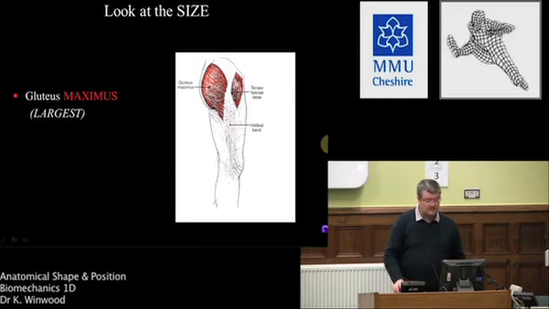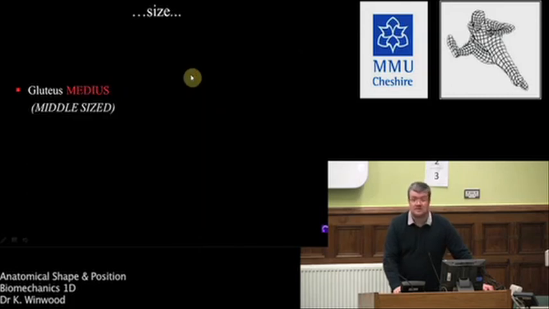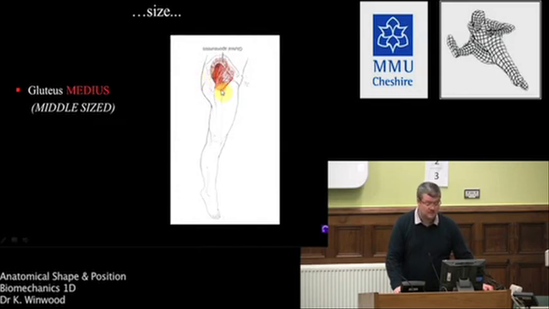Now if we look at the section of the gluteus maximus, we can see that it originates round by the femoral section, round to the iliac crest of the pelvis and further beyond. But if we look at the other type of muscle within the gluteals, we've got gluteus medius, which is often mistaken for the middle-sized muscle.